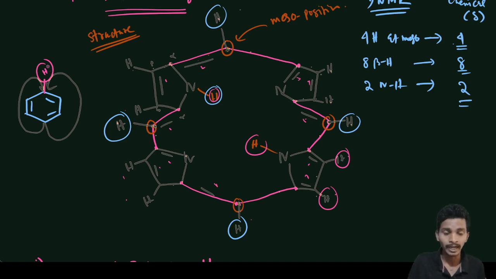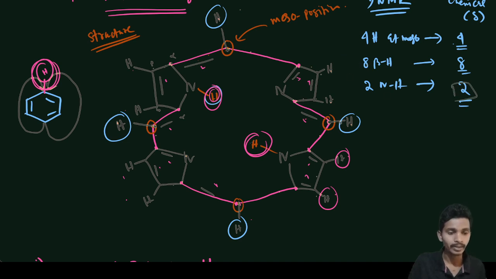If it is highly shielded, then it will get a low chemical shift value. So these hydrogen atoms inside the ring, where the magnetic field goes like this, are highly shielded, so they get a low chemical shift value.